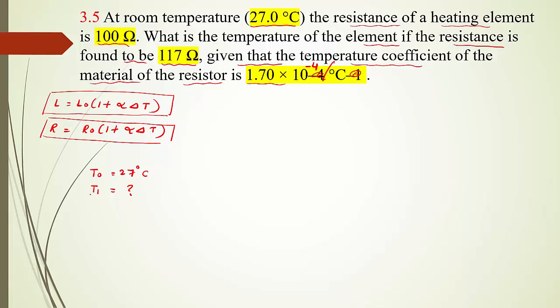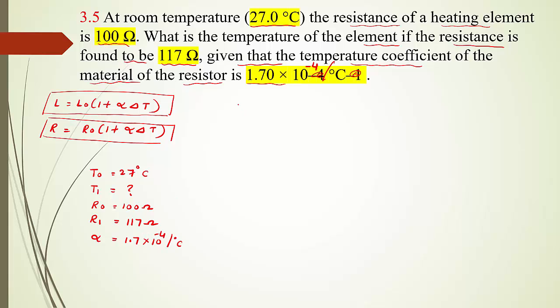Then what else given? Resistance. Initially resistance is 100 ohm. When temperature changes, so that resistance value increases from R0 to R1, R1 equal to 117 ohm. Then alpha value is already given, that is temperature coefficient 1.7 into 10 raised to minus 4 per degree Celsius.